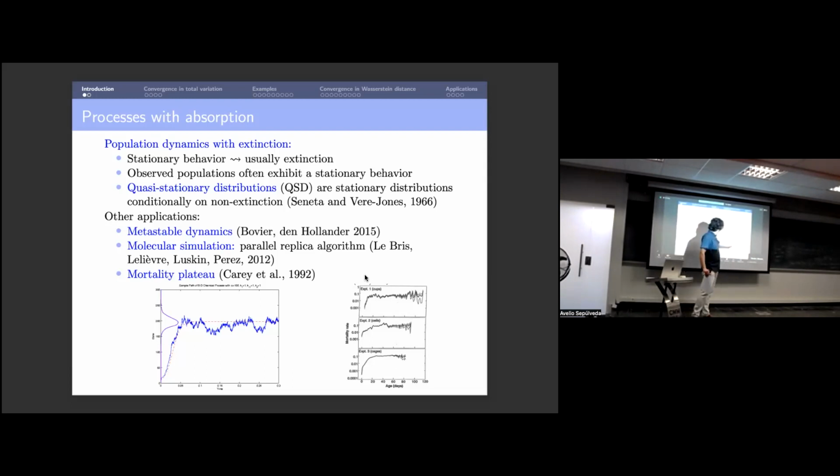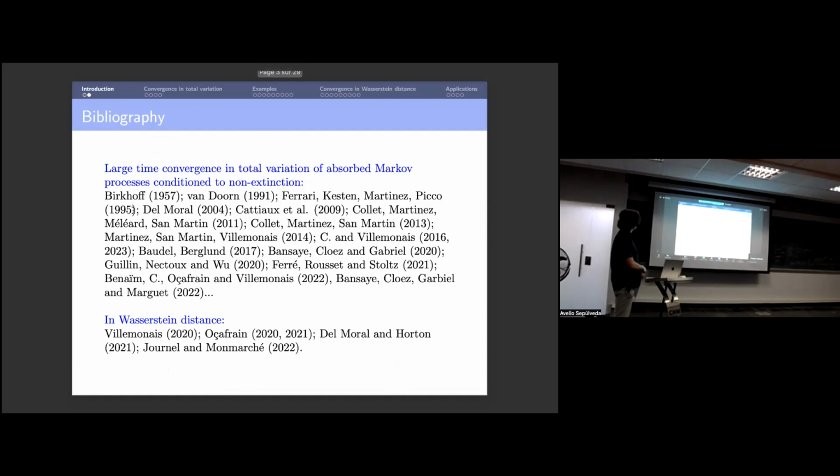What you see is that it stabilizes to some constant value in many situations, and this is the so-called mortality plateau. This is just a few words of motivation, but I'm not going to say more about that.